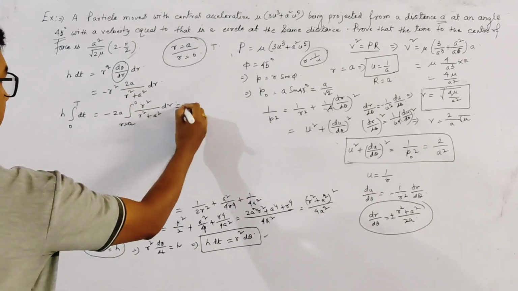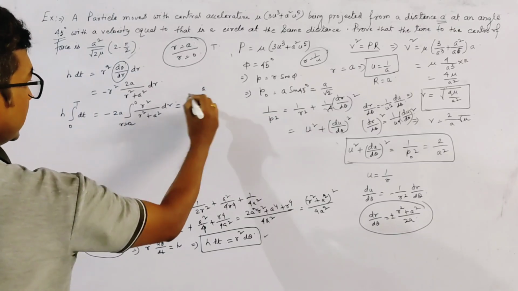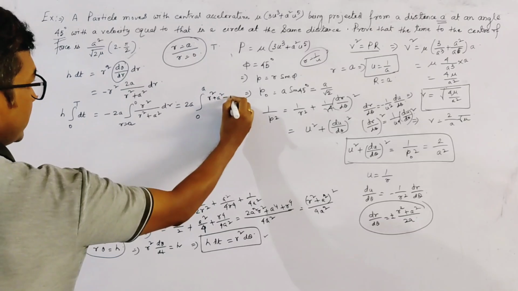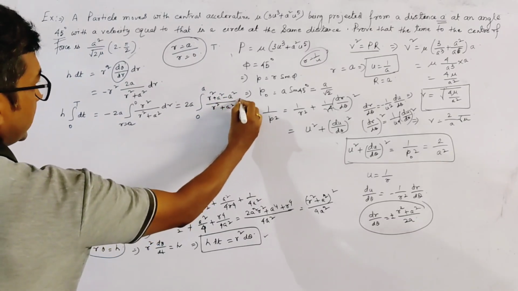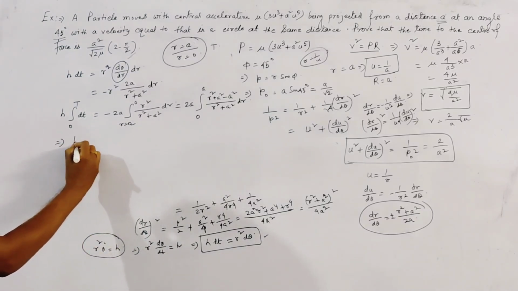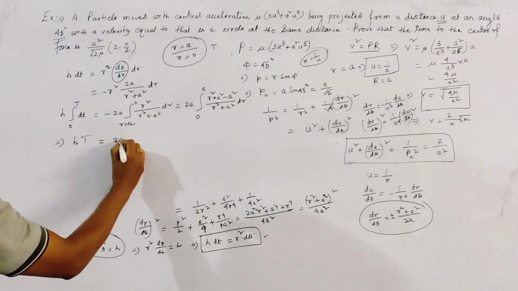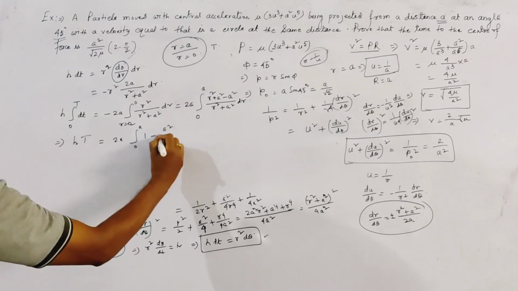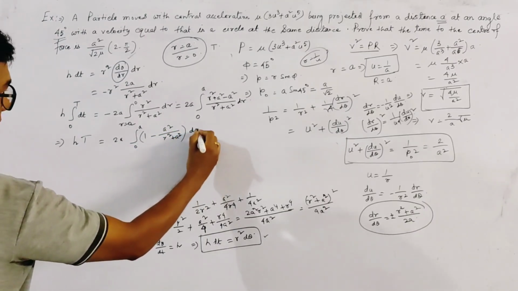We write this integration as 2a into integration 0 to a of r square plus a square minus a square by r square plus a square dr, and this part is given by h into capital T, equal to 2a into integration 0 to a of 1 minus a square by r square plus a square dr.